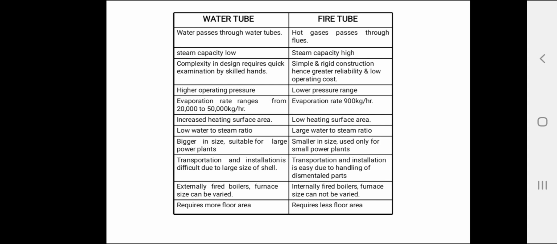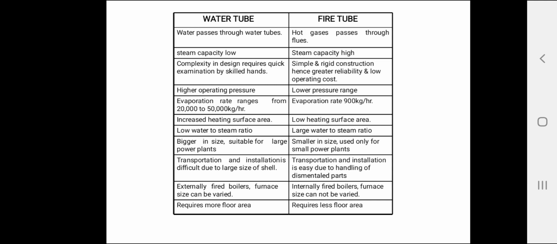There is increased heating surface area in a water tube boiler, and low heating surface area in a fire tube boiler. There is a low water to steam ratio in a water tube boiler, whereas a large water to steam ratio in a fire tube boiler. Water tube boilers are bigger in size and suitable for large power plants, whereas fire tube boilers are small in size and used only for small power plants.